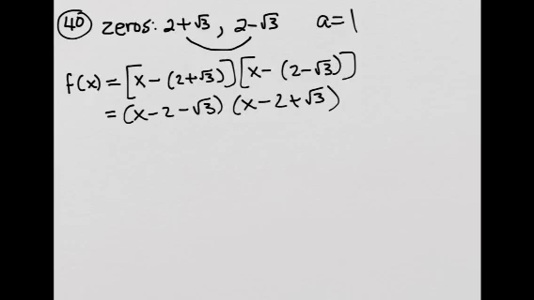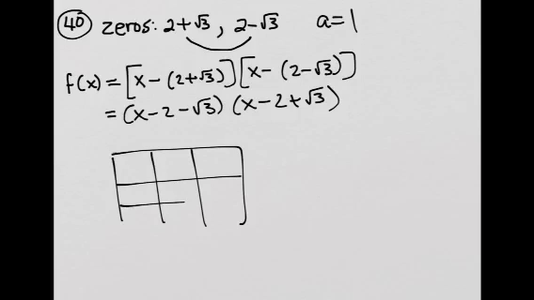And now we multiply. Okay? So you can either set up a 3 by 3 grid, which I usually do when it's a 3 by 3, when you're multiplying 3 terms by 3 terms. So x minus 2 minus radical 3, x minus 2 plus radical 3.